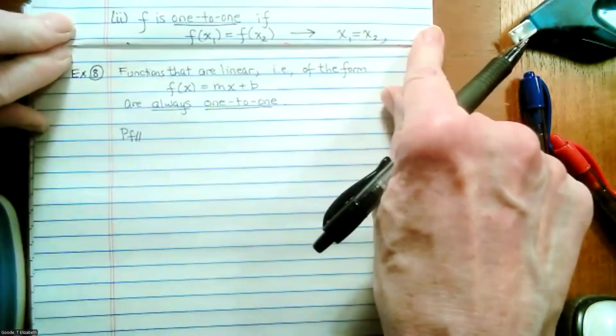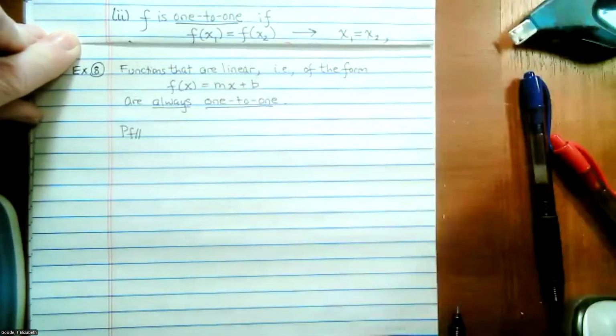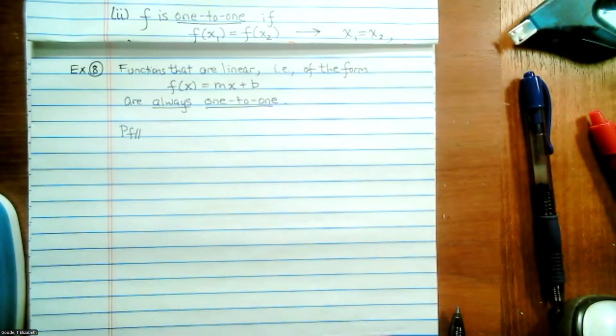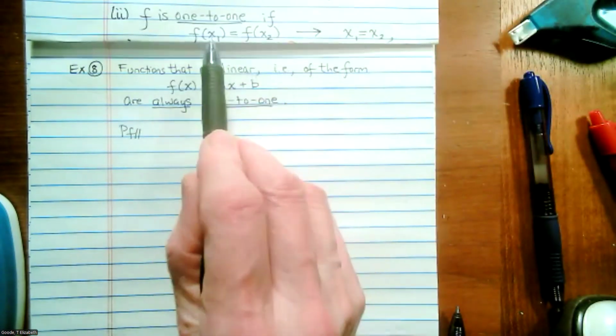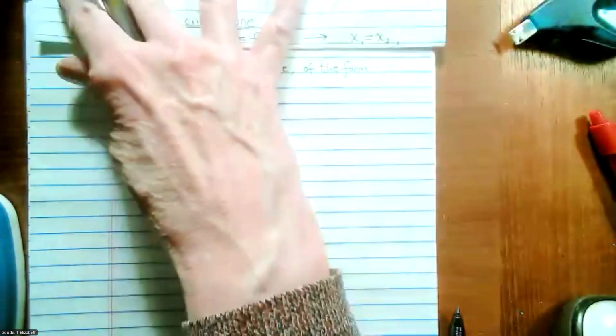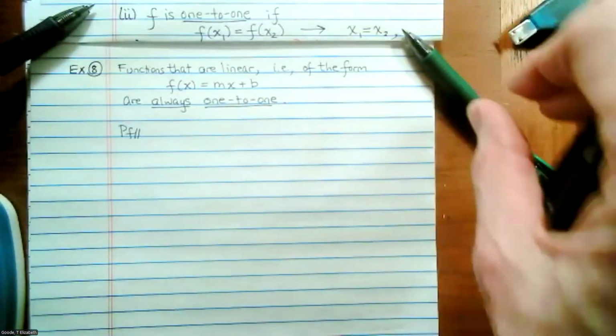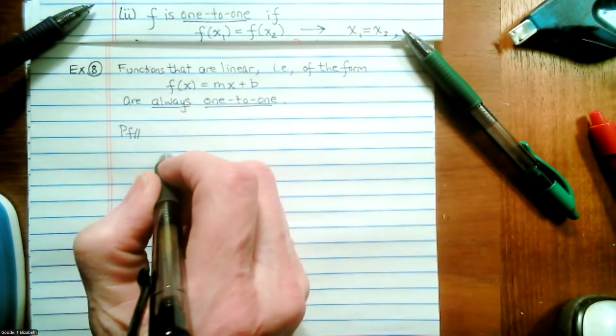We can prove this if-then with a direct proof. We'll assume f of x1 equals f of x2, assume the hypothesis, because this is just an if p then q. If we assume p, we'll be able to prove that q follows just by doing some basic math. We're going to assume m isn't 0 because we're going to have to divide by m.